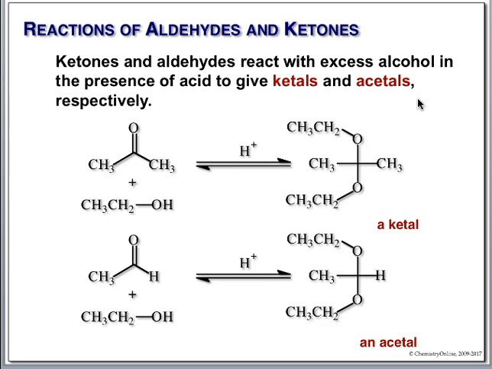This is a very, very useful molecule if you want to make it synthetically. This is an equilibrium. If you do the stoichiometry, we're losing 1 mole of water. So if you can remove the water, you can drive the equilibrium this way and make the ketal or acetal.